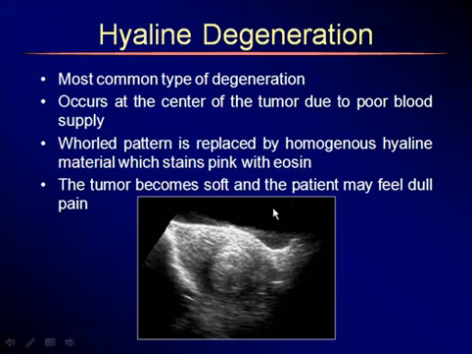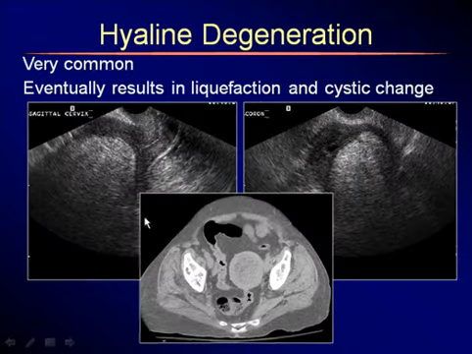They stain pink on slides in pathology, and the tumor just becomes kind of soft, and the patient can experience a dull pain. So it's not really a sonographic diagnosis, but I am showing you one that is pathologically proven. Tends to be a bit echogenic.